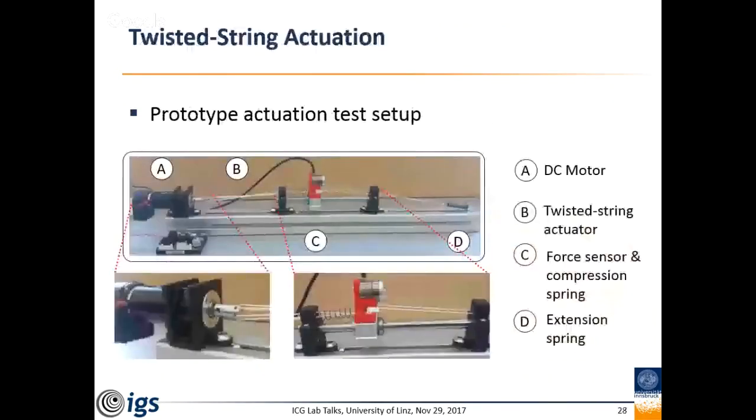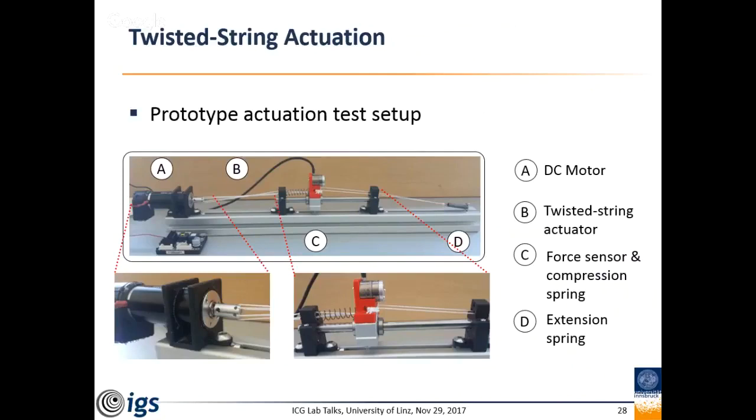So the first actuation that we looked into here is the twisted string actuation. This is a relatively new concept. The idea is that with this electromotor here, and as a tip, with just circular strings, also fixed somewhere else, you start twisting.